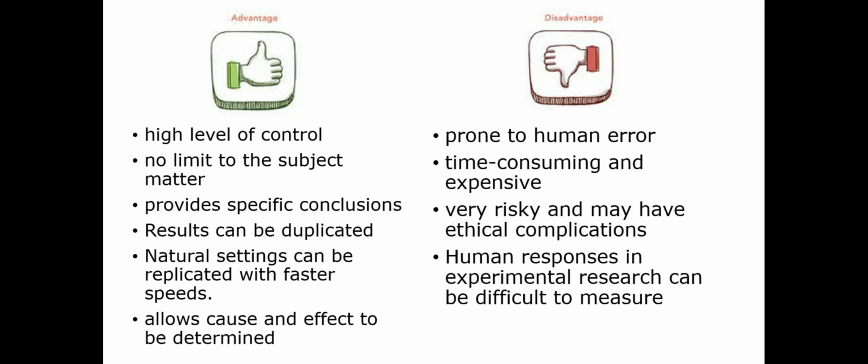So much time is spent on testing dependent variables and waiting for the effect of the manipulation of independent variables to manifest. It is very risky and may have ethical complications that cannot be ignored. This is common in medical research, where failed trials may lead to a patient's death or a deteriorating health condition. Lastly, human responses in experimental research can be difficult to measure.